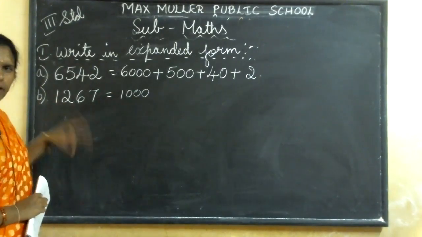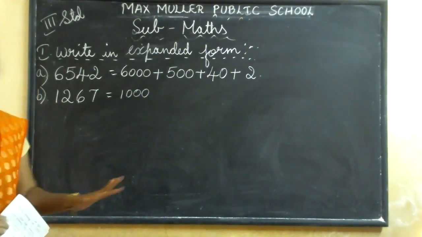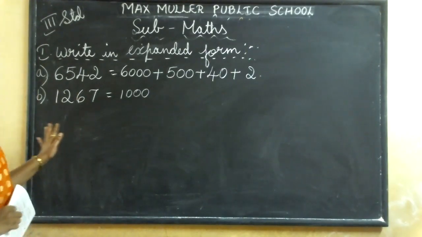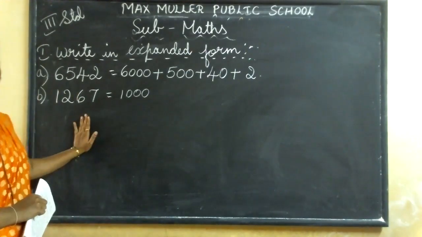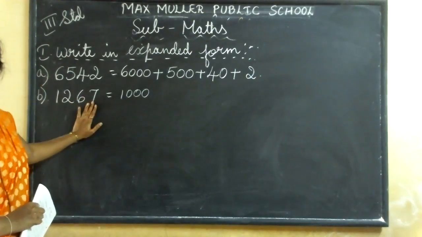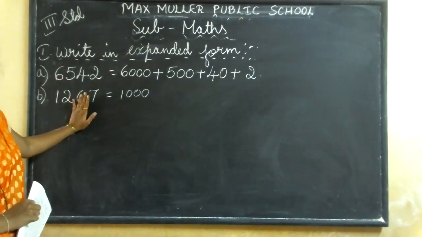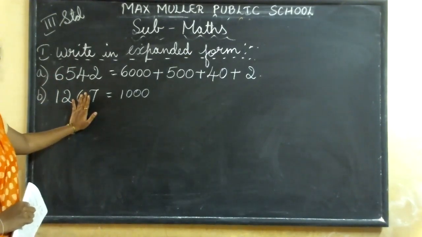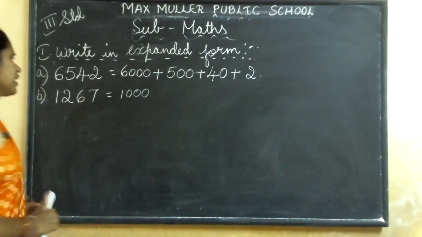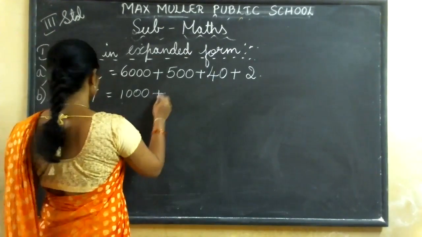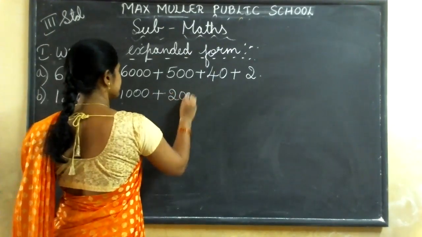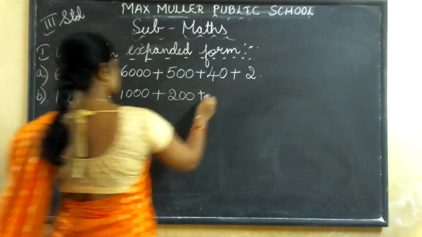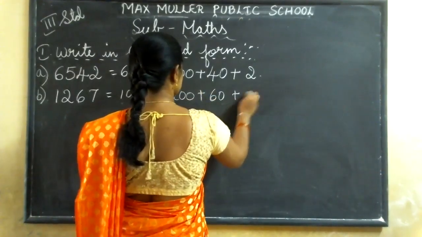This practice we are doing, in the revision book only you have to continue. Don't write in the rough notebook or the classwork book. You have to write in the revision book only, which you have already kept for revision. In that book only you start writing. Next, 1,000 plus 200 plus 60 plus 7.